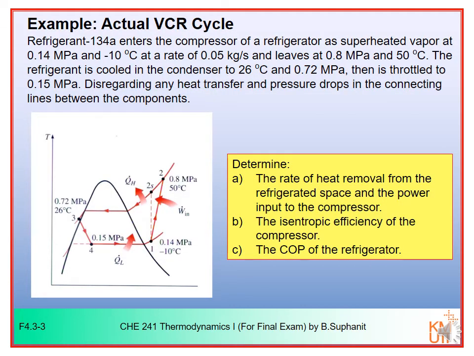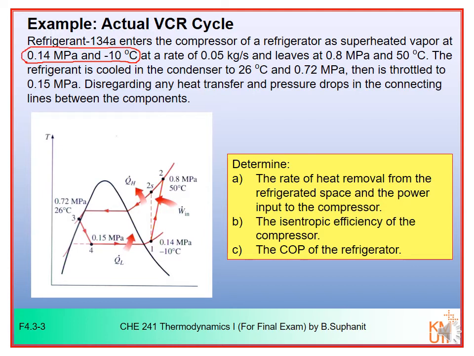Now let's have a look at an example of an actual VCR here. We have a refrigeration system using refrigerant R134a as the working fluid. The refrigerant enters the compressor of a refrigerator as superheated vapor at 0.14 megapascal and minus 10 degrees Celsius.